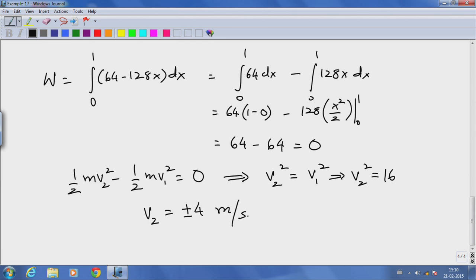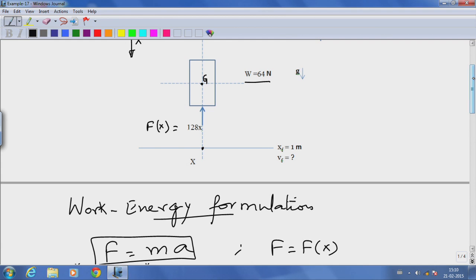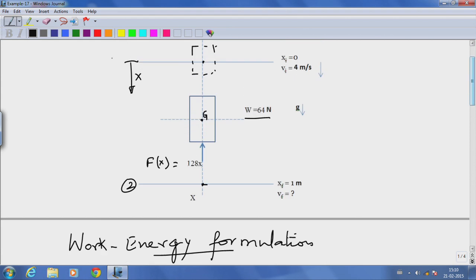So, there are two possibilities for the actual velocity at this location. I'll call this location 2 in relation to this being location 1. When the body is here, it is either moving down at 4 meters per second or it could be moving up at 4 meters per second.